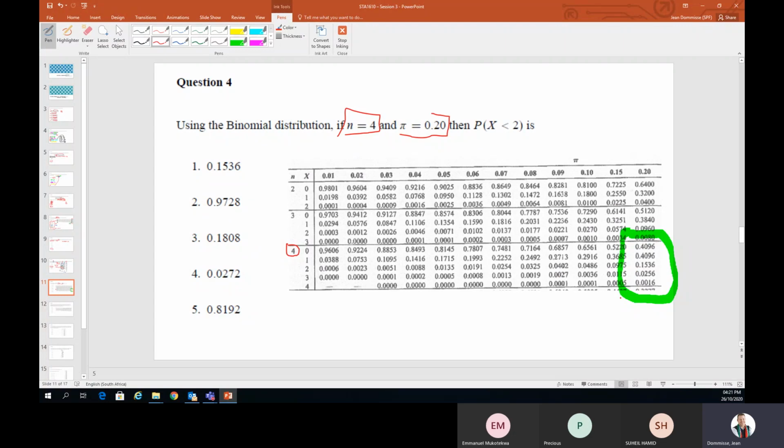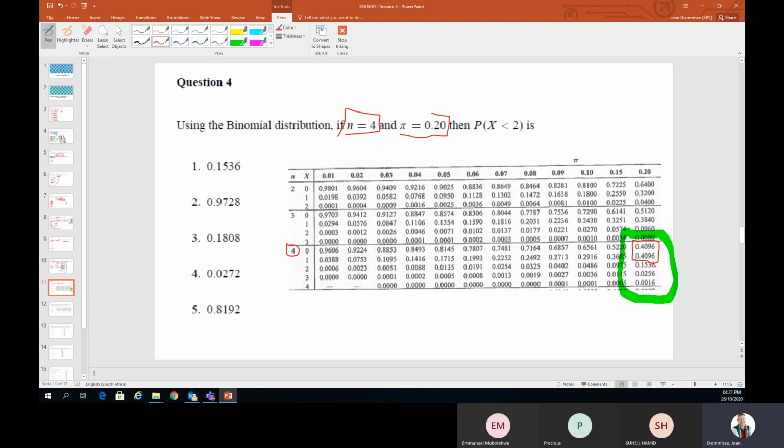So when they ask us, okay, use a binomial distribution and then calculate x smaller than 2. Okay, so let's look. Where's x2? X smaller than 2 is only those two.